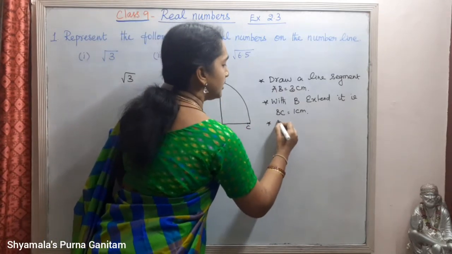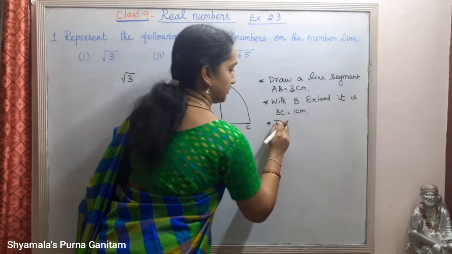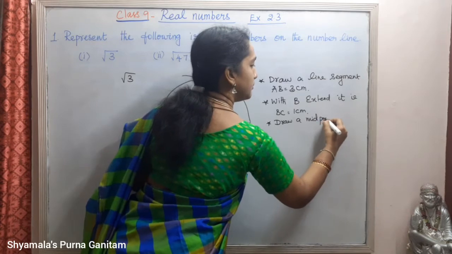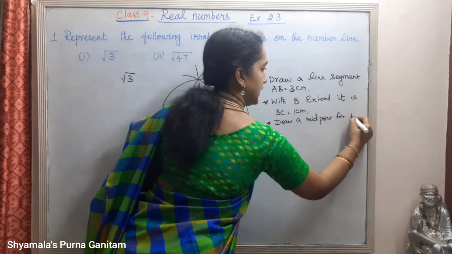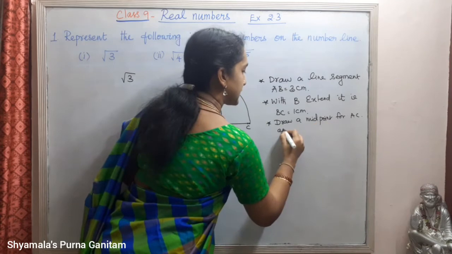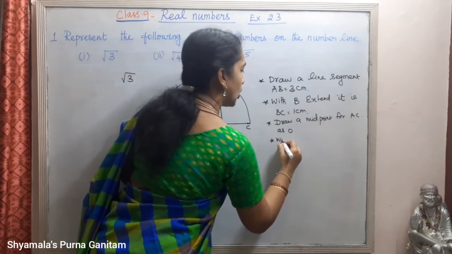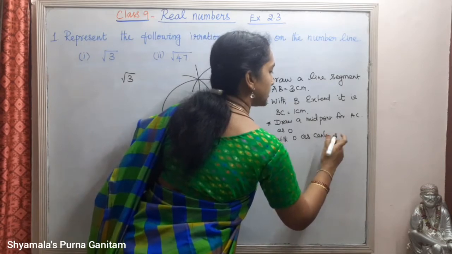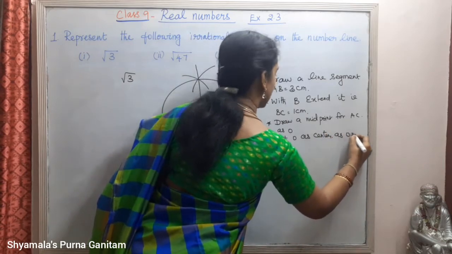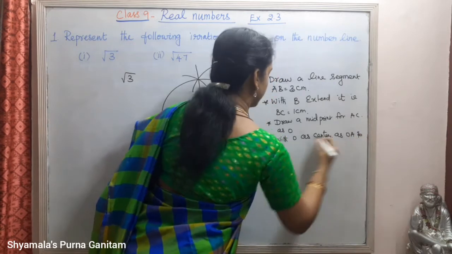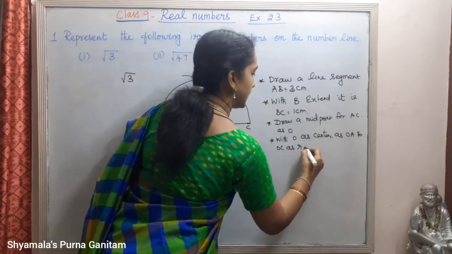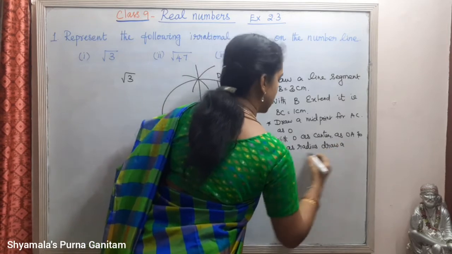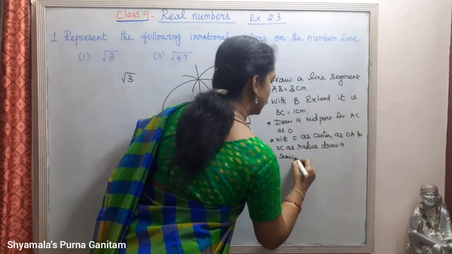Then mark the midpoint of AC as O. Then with O as center and OA and OC as radius, draw a semicircle.